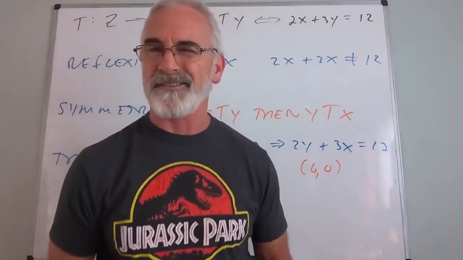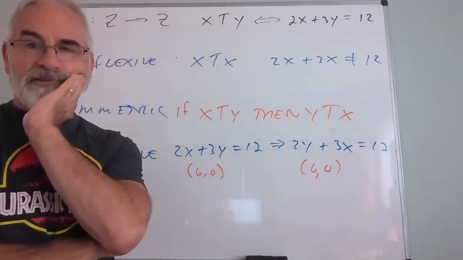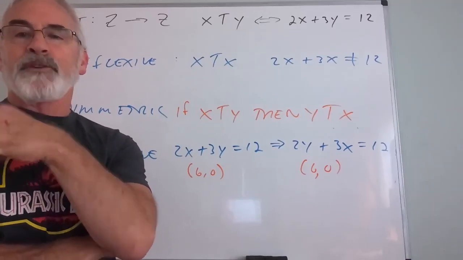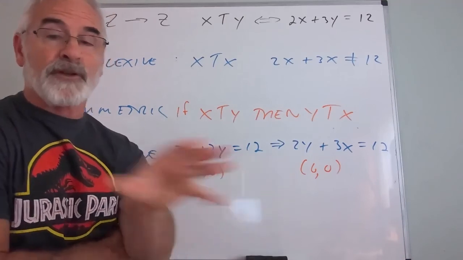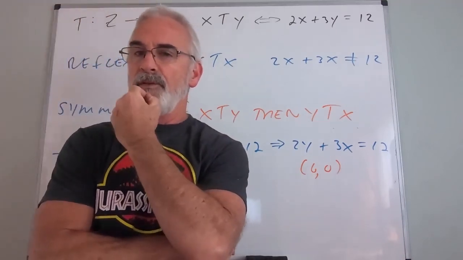Now, transitive. Anybody got a gut feel? You think you're going to pass or fail transitive on this one? I'm showing you something that's actually a general conclusion in a moment. I just used the equation of a line. Do you think it'll be transitive?